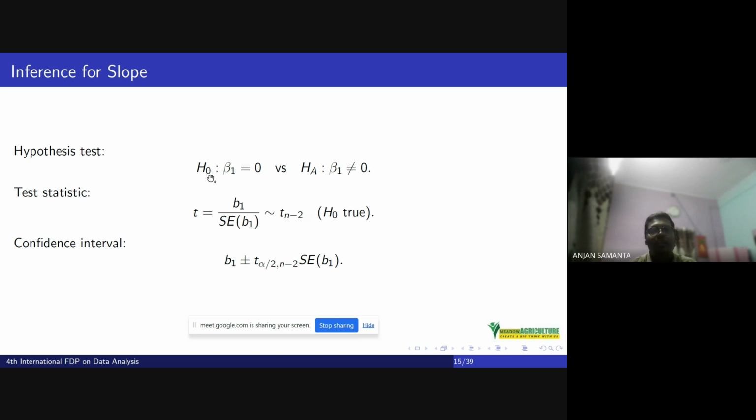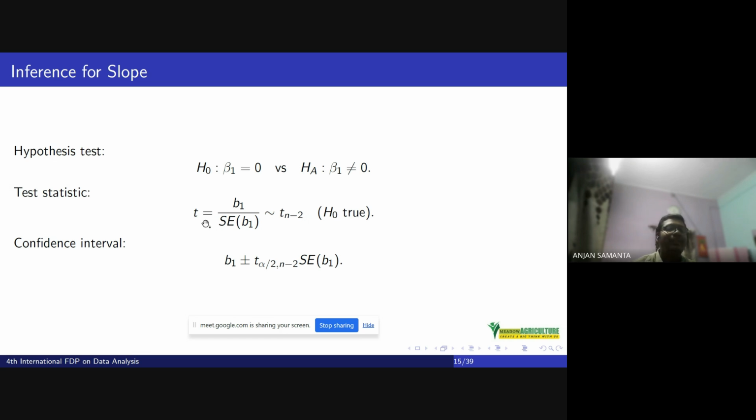Now we use a t statistic, which is the sample value for the corresponding slope divided by the corresponding standard error. We calculate that and check the p-value. If the p-value is quite large, preferably more than 0.05, the null hypothesis is not rejected.